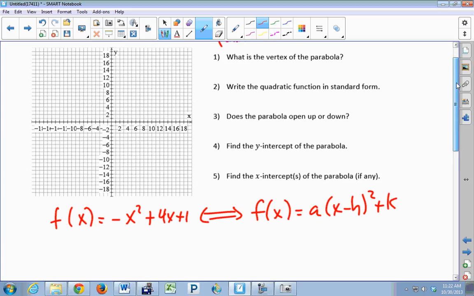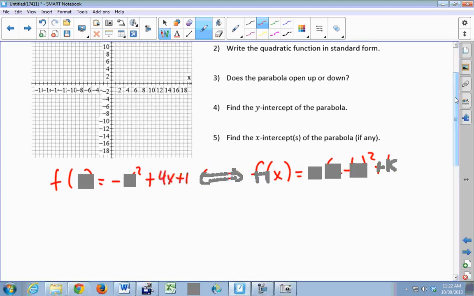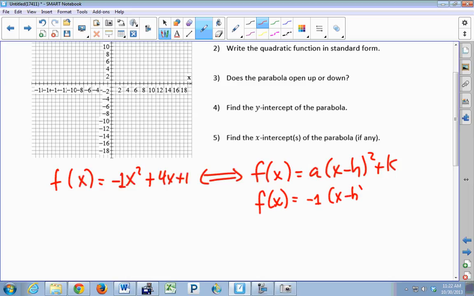Right away we know what a is. What's a going to be? -1, because it's -1 right here. Here's your a. It's the number that multiplies your x squared term. It's going to be the same over here. Okay, we got that part. Now we've got to figure out what h and k are.